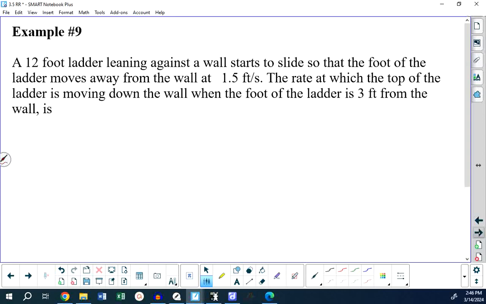So you have a ladder, it's a very basic question. It's the kind of question that if you see on an exam, you should know exactly what to do and you should be done within a minute. So you have a ladder leaning against the wall and it starts to slide. I have learned from experience that the foot of a ladder can be very slippery under the right conditions. There's also safety rules.